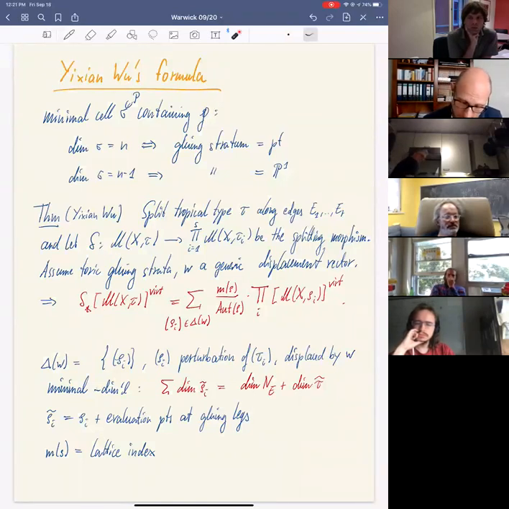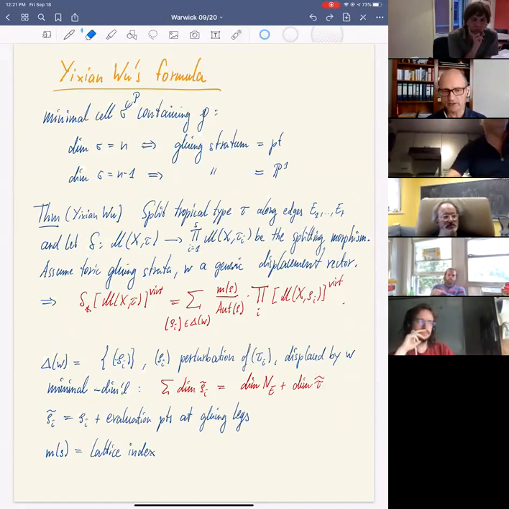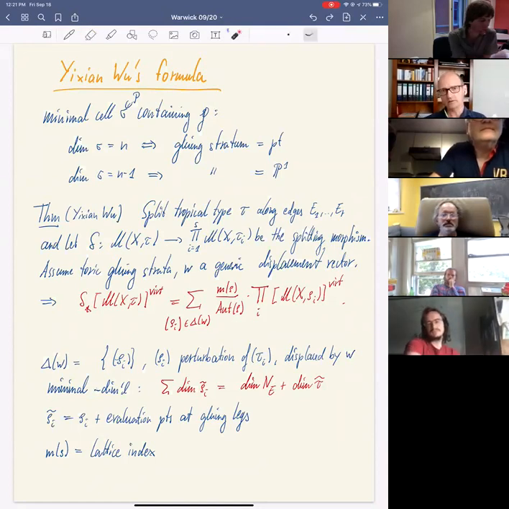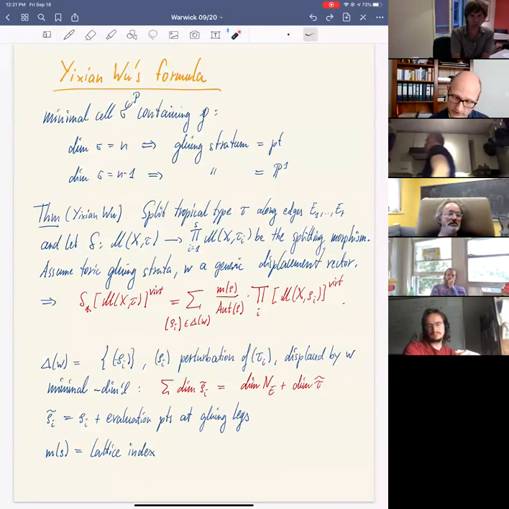So what is this? So delta of W depends on the displacement vector. And it is a perturbation of each of the tau i's. So what's a perturbation? A perturbation in tropical geometry means it's actually a specialization on the algebraic geometric side. Okay, so you have some stratum that itself has this moduli space, that itself has substrata.